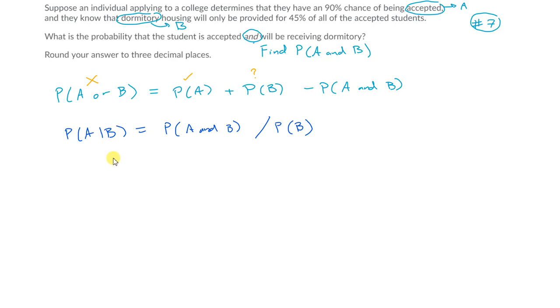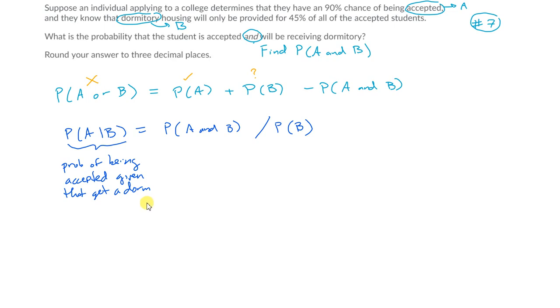Well, first of all, what is B? The probability of B is getting a dorm. A given B would mean this would be the probability of A. What's A? A is being accepted. So this would be the probability of being accepted given that you get a dorm, because B is a dorm.